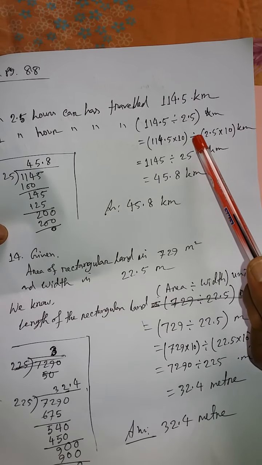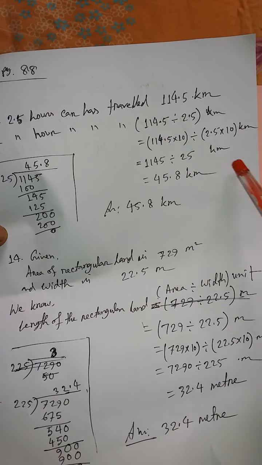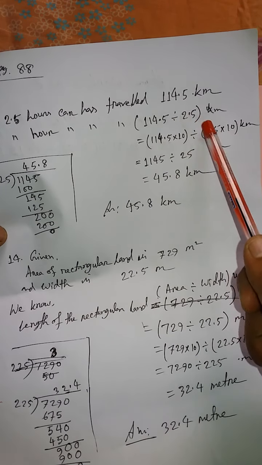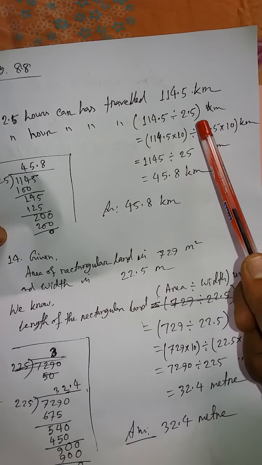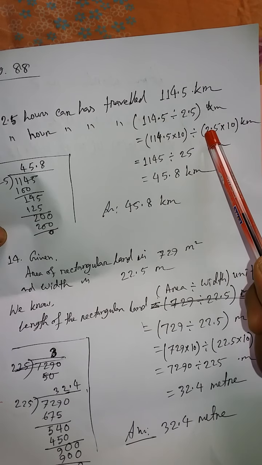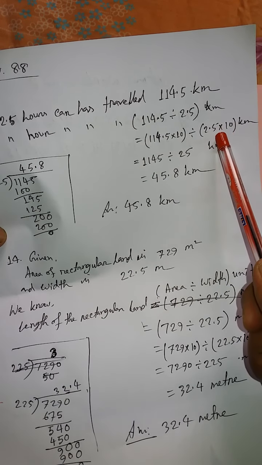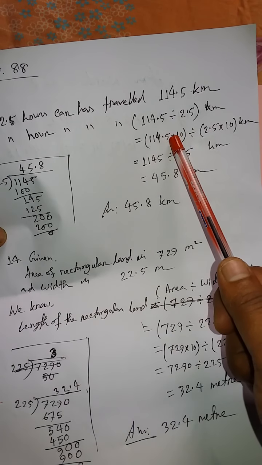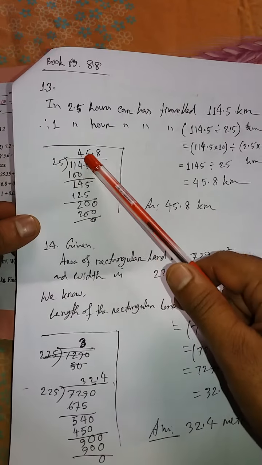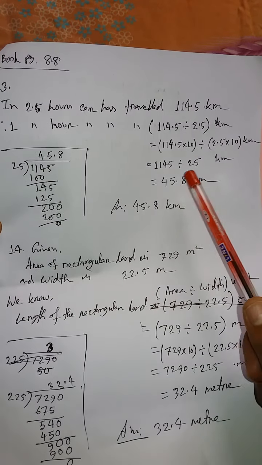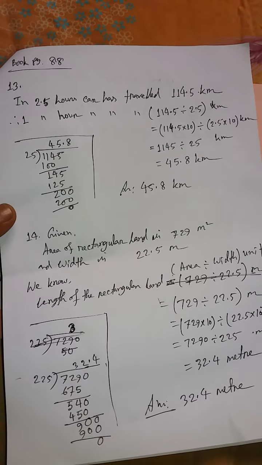First I free the divisor from the decimal. For the decimal I put 1 and after the decimal there is 1 digit, so I put 10. 2.5 times 10, the decimal will be removed in the next line, and I multiply here by 10 also. So 1145 divided by 25. I show the rough work here, and it is 45.8 kilometers traveled per hour.